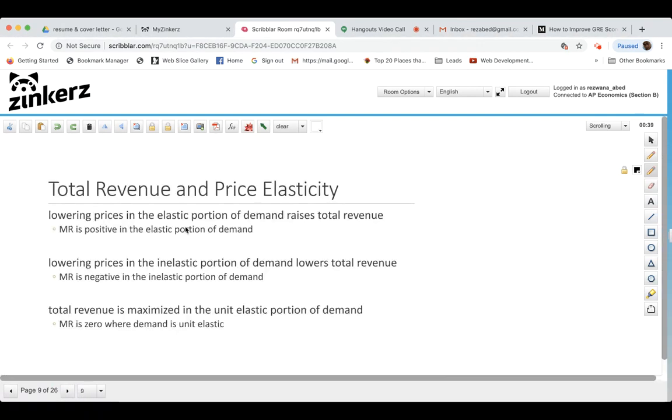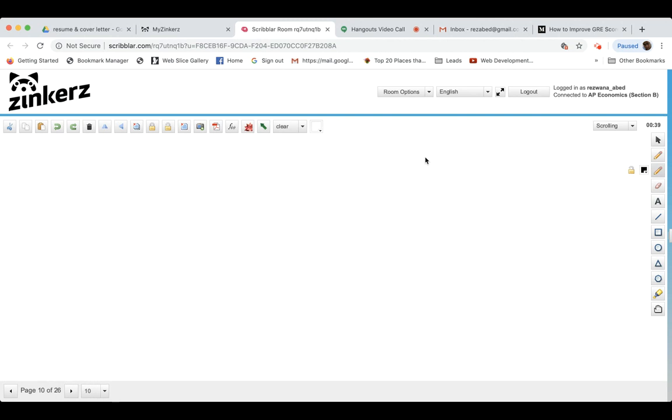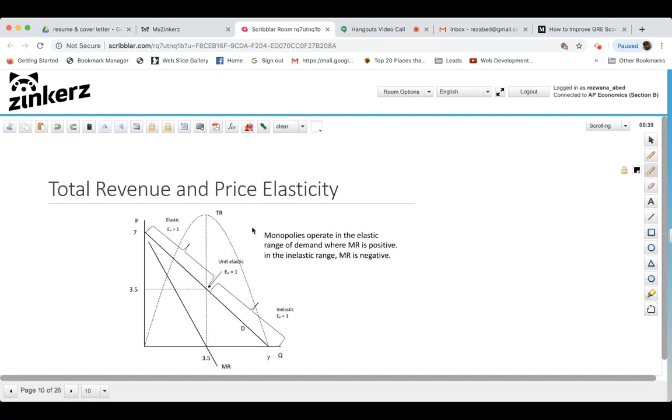Then let's talk about this a little bit. Total revenue and price elasticity. So we saw this when we had our discussion on elasticity, right? We saw that along straight line demand curves we can have many different ranges of elasticity, and mainly there were 3. In the top half of the demand curve, it was elastic.